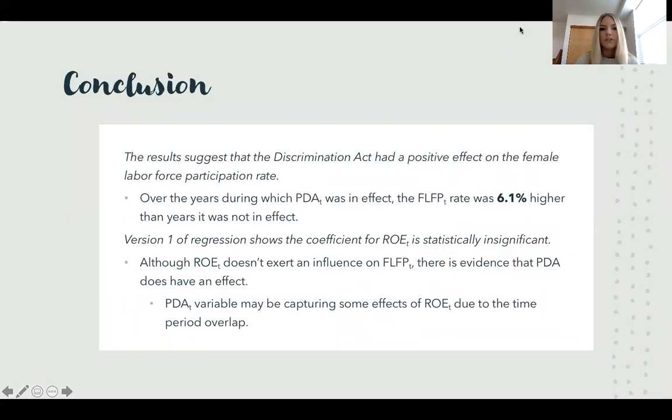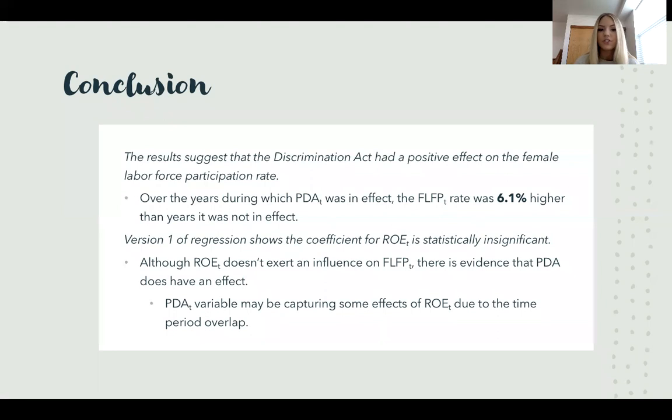So the conclusion for this research project was that the results suggest that the Discrimination Act had a positive effect on the female labor force participation rate. It can be interpreted as such. Over the years during which PDA was in effect, the female labor force participation rate was 6.1% higher than years it was not in effect.